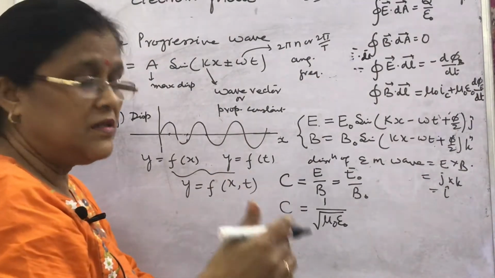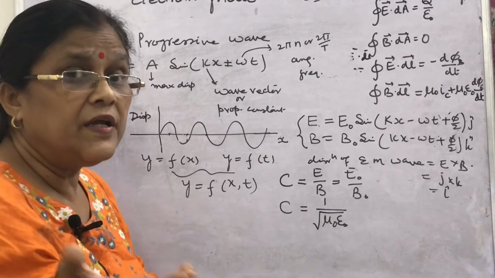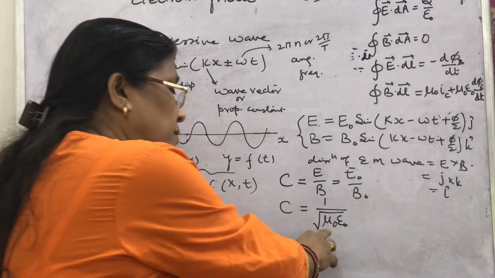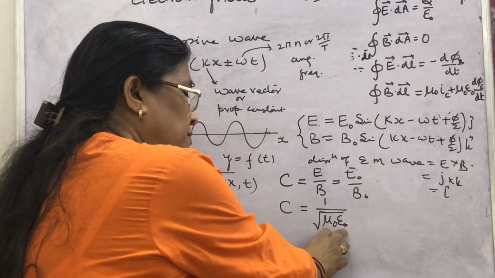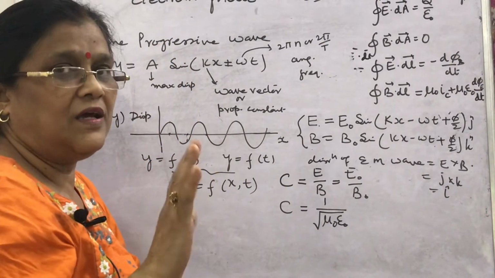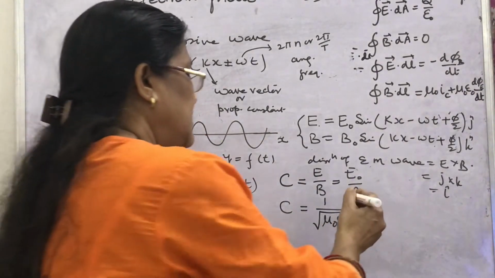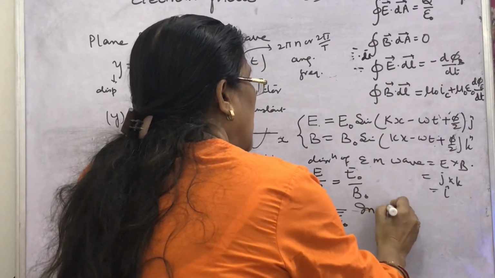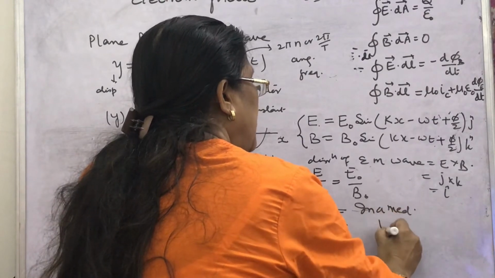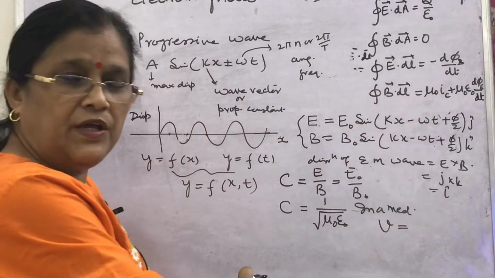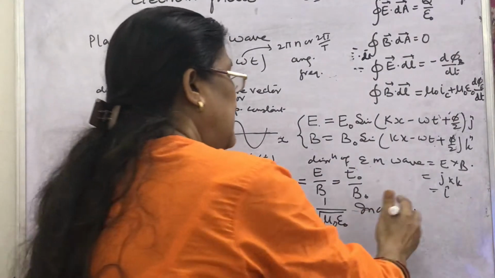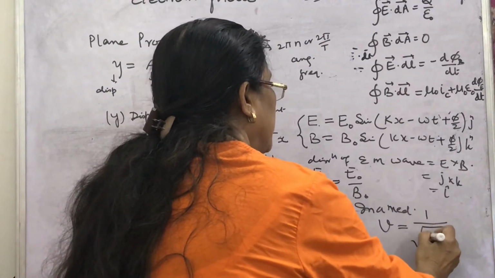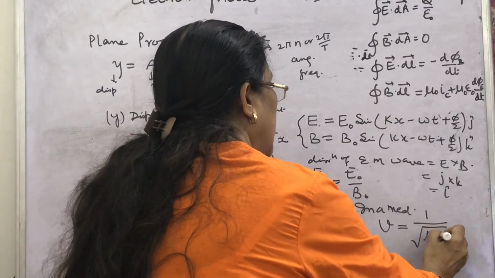What about the waves traveling in a medium? In a medium, permittivity of free space and permeability of free space are written like this. If the speed of EM wave in a medium is v, then it is written as 1 upon under root mu epsilon.